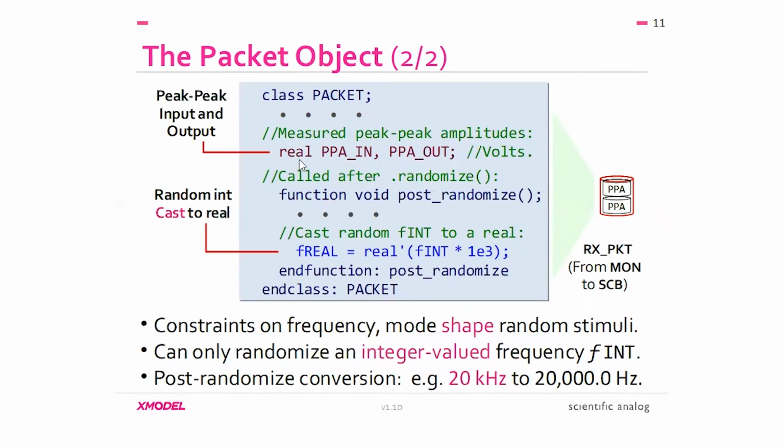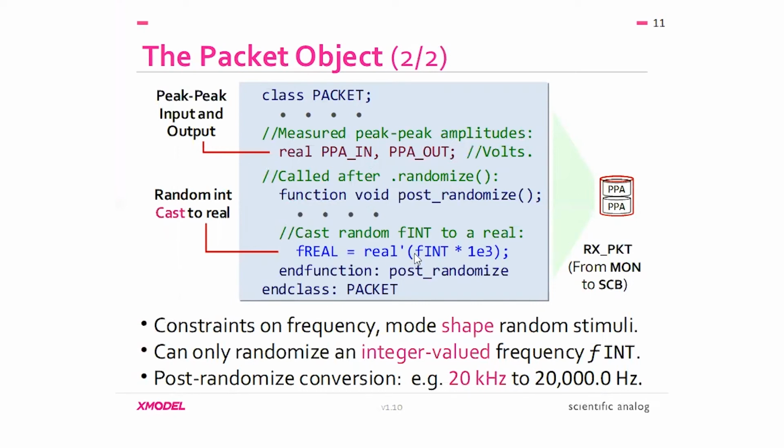Here are the output variables. They're ordinary real SystemVerilog variables, PPA in and out, measured in volts. And so those are the fields within our data packet. The packet has one method. SystemVerilog includes a built-in post-randomize function, which you can customize. It's automatically called after every invocation of .randomize.